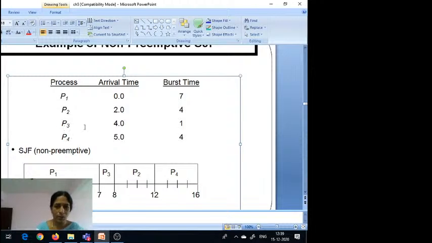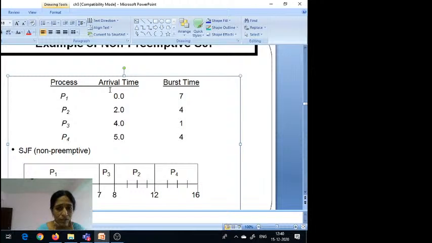This resolves the confusion: if both processes have the same arrival timings, the process with the lowest ID first enters the CPU for execution or processing.